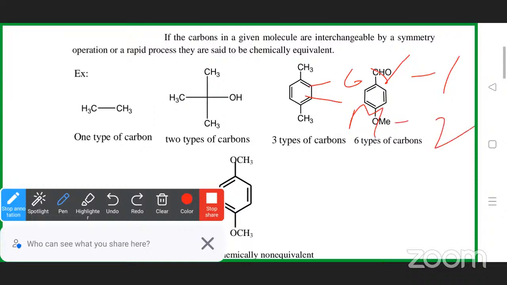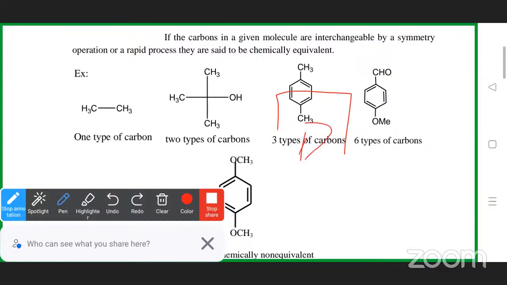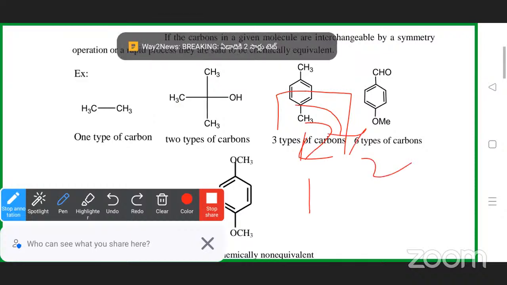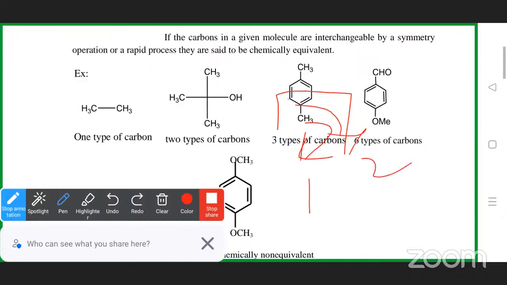So it is symmetrical, and you get three types of carbons: this one is one, this is two, and these orthos are the third type. So there are three types of carbons present in this paraxylene.